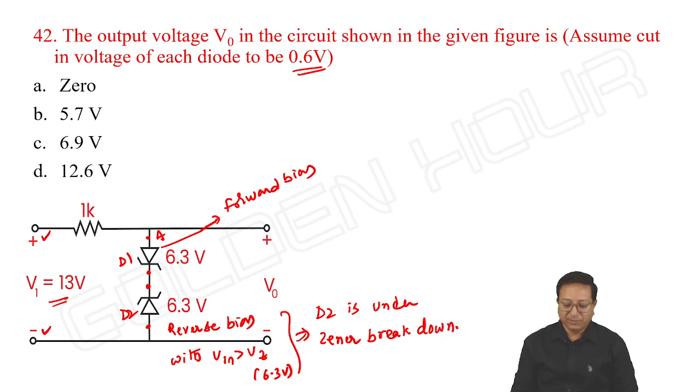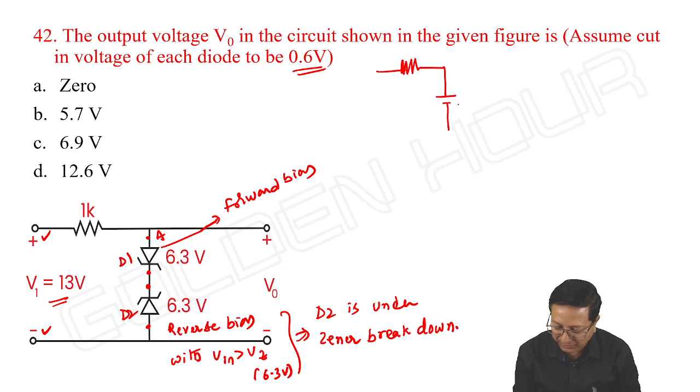So what is the equivalent circuit then? If I redraw the things, instead of the first one, I can write V gamma from anode to cathode, 0.6 volts.